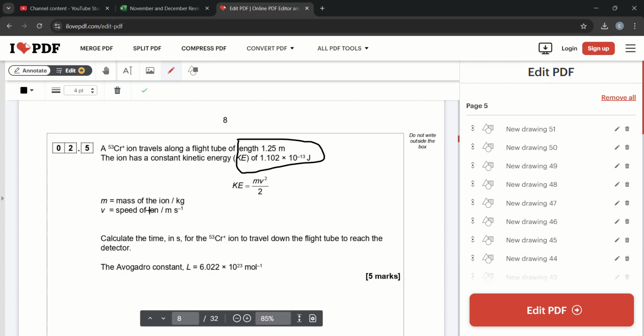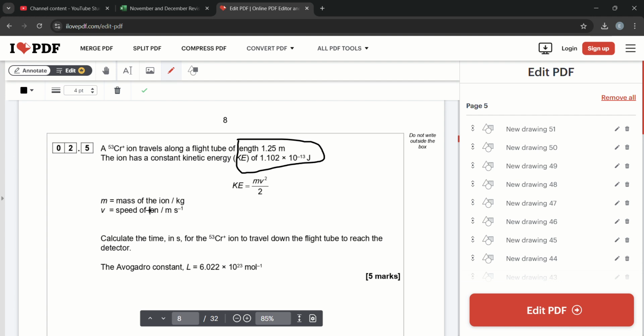Okay, so we have got the kinetic energy and the length. To find the time, we need to find the velocity. And in order to find the velocity, we need to find the mass.